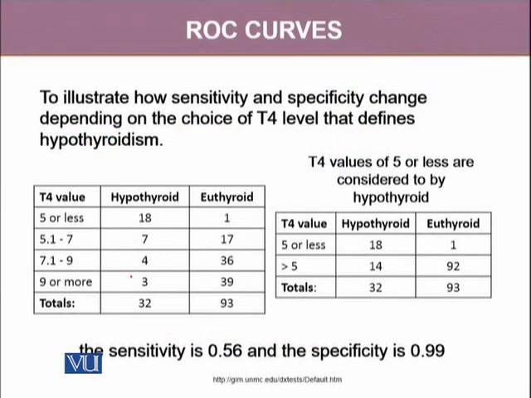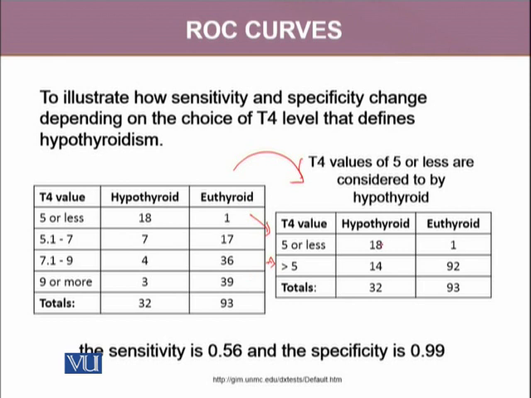To illustrate how sensitivity and specificity change depending on the choice of T4 level that defines hypothyroidism, from this table we make a new table with a new cutoff point of T4 values of 5 or less. We rearrange this into a new 2x2 table where one row represents 5 or less, and the other row represents any value above 5.